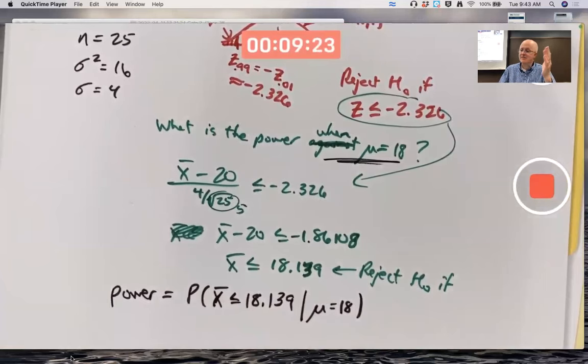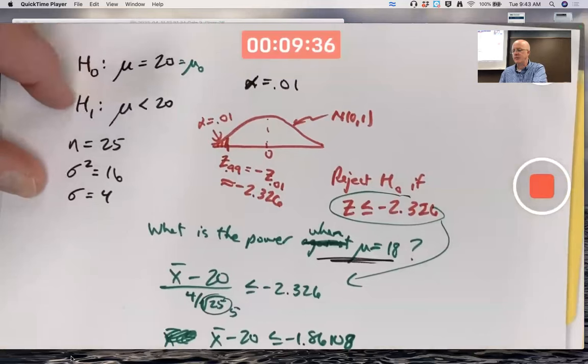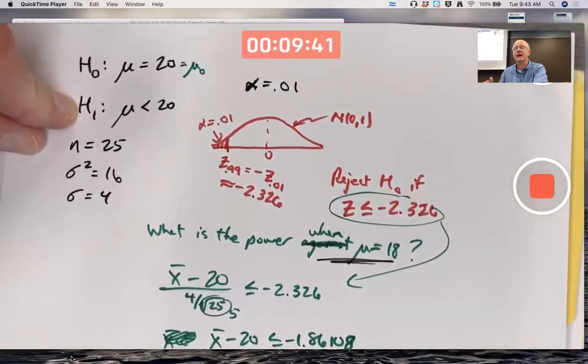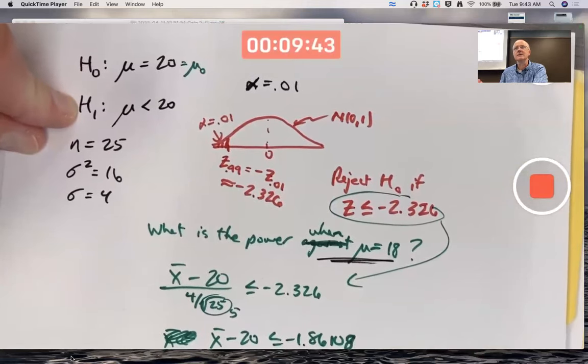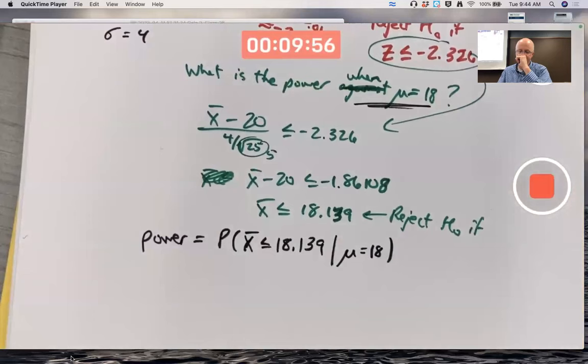Pick the alternative value that's the minimal alternative value that you'd like to be able to detect with high power. If it's important to you to be able to detect when mu is 18, then pick mu to be 18. If it's not so important to be able to detect when mu is 19, then pick something smaller like 18. In real life, you have to think about those practical considerations.